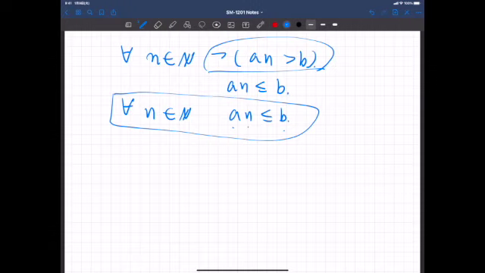Then this means n is less than or equal to b over a. Remember, a is a positive real number, so it's not 0, so we can divide by it.